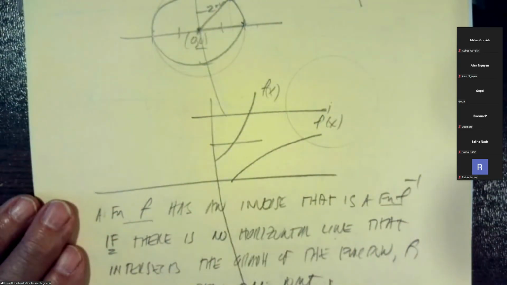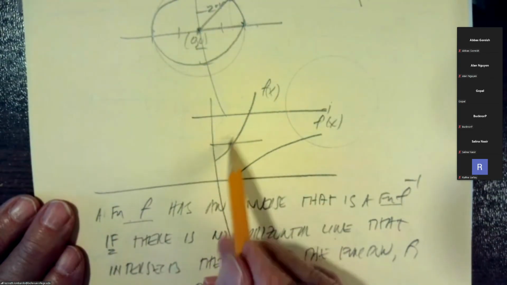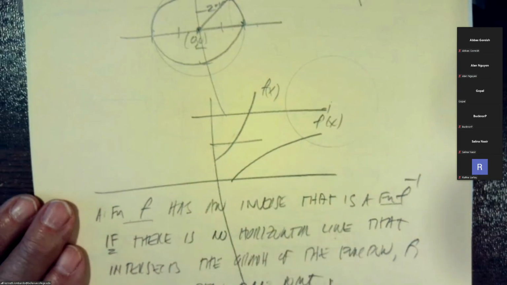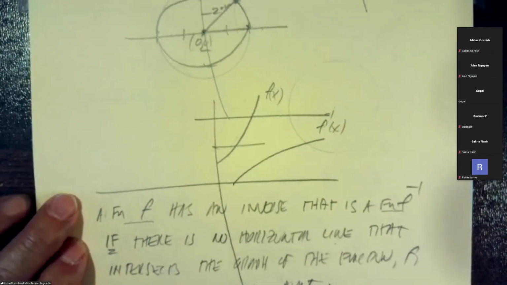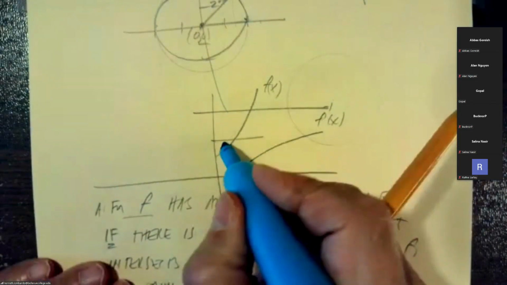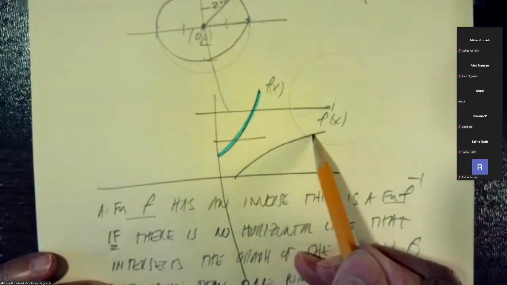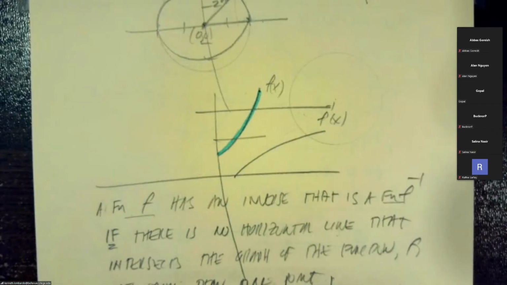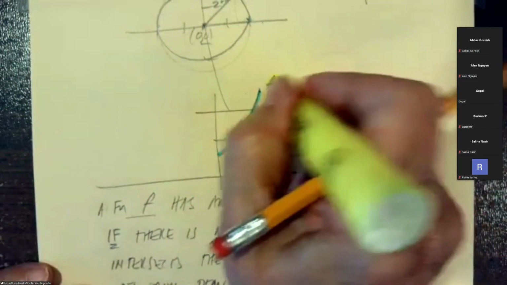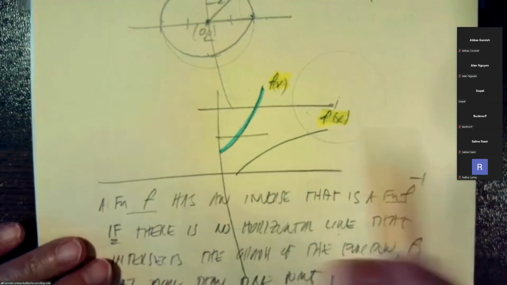It crosses this line at more than one spot? But if we extend the line, won't it? This is a different function. These are two different functions. Oh, okay. I see. Here's the function. Here's the inverse function. These are two different functions.